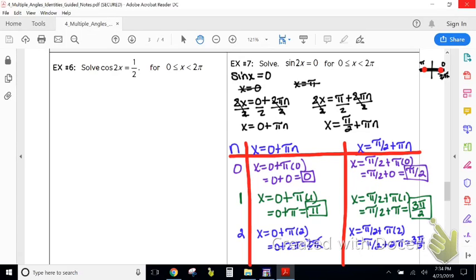Alright, and so we found our solution is 0, pi over 2, pi, and 3 pi over 2.